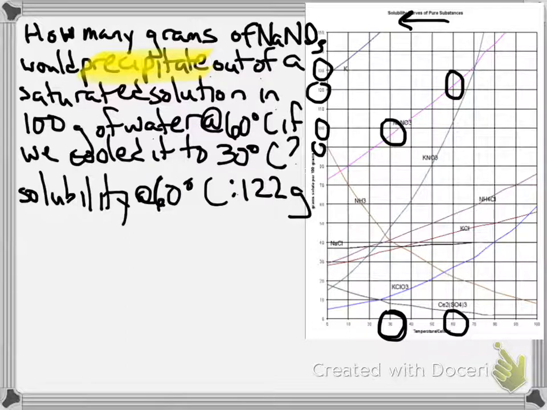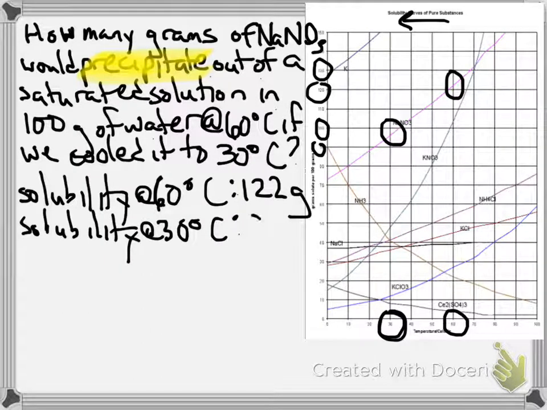So I'm going to go ahead and say that the solubility, again, excuse my handwriting, at 30 degrees Celsius is about 96 grams per 100 grams of water. Now, that means that at that temperature, we're only going to be able to dissolve 96 grams. If we added 122 grams in the beginning, we're not still going to be able to dissolve that amount.